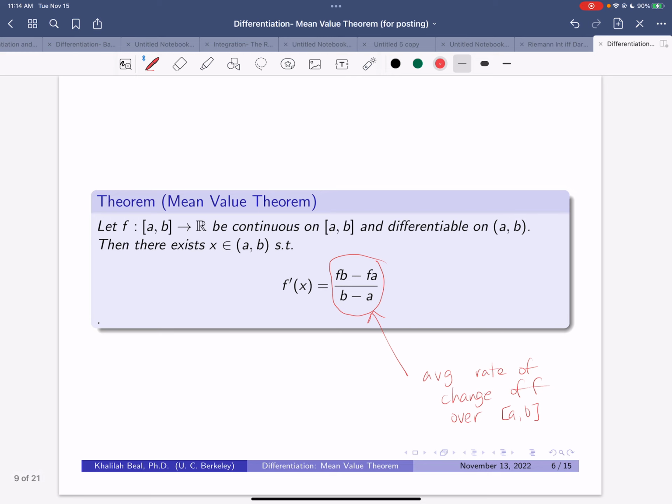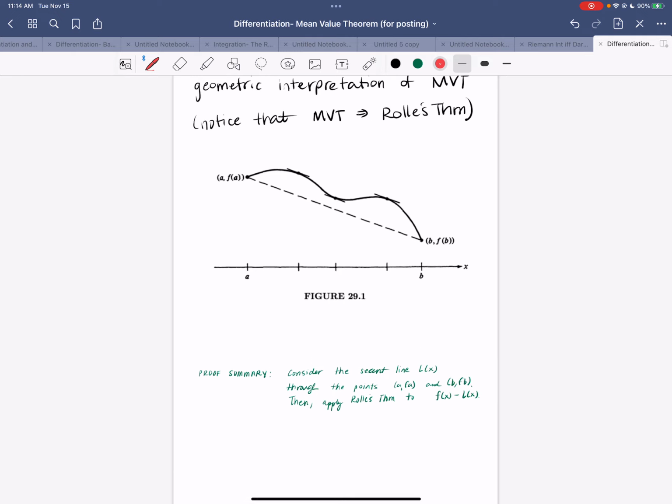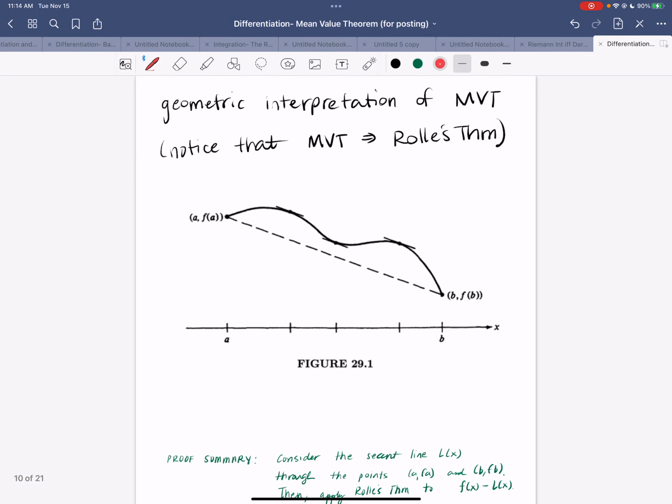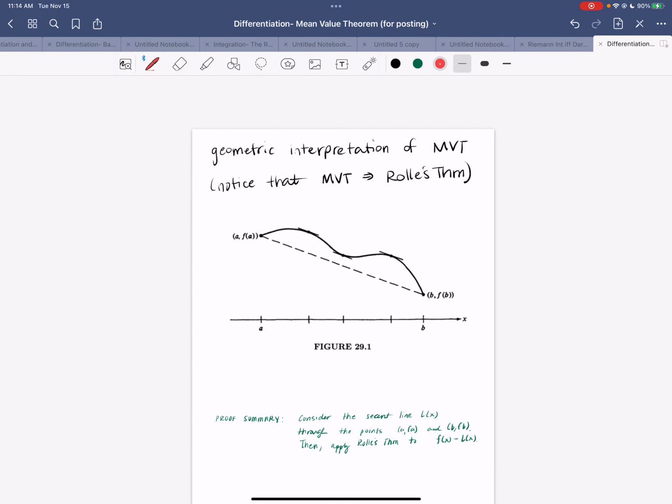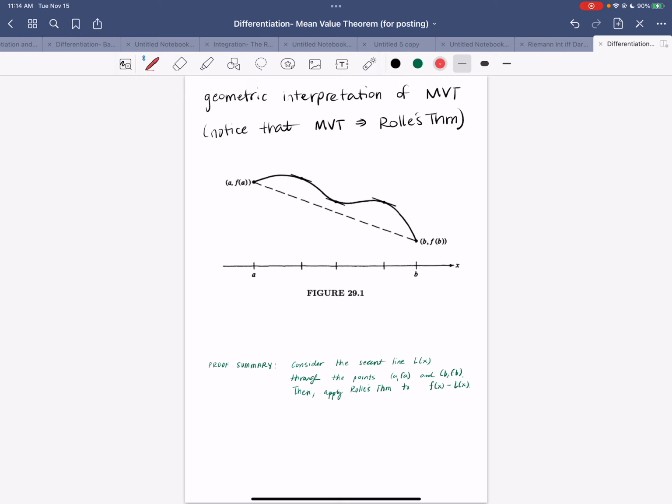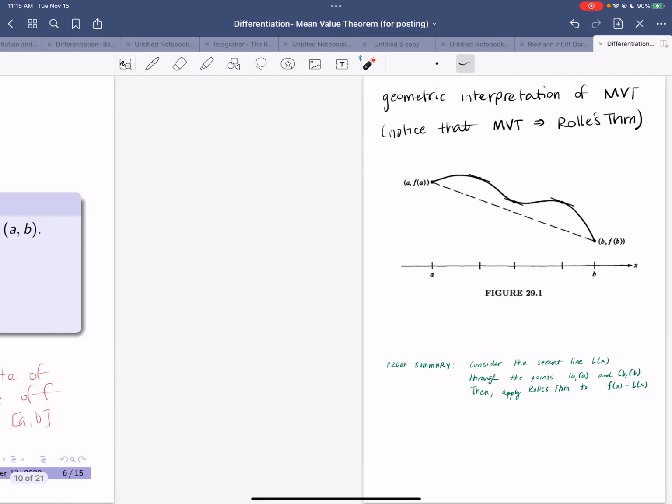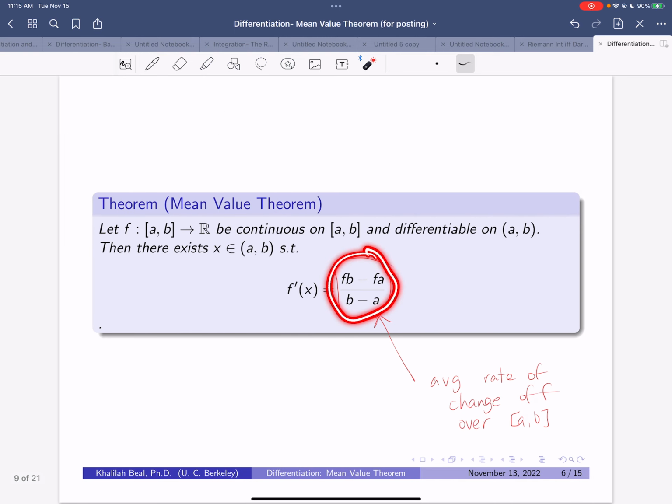Because it's the change as you move from a to b, divided by the distance from a to b, okay? So if we look at the geometric interpretation of the mean value theorem, again, we have a function that's defined on this interval [a, b]. It's differentiable on the open interval (a, b). And we're saying that there's some point x whose derivative is equal to (f(b) - f(a)) / (b - a).